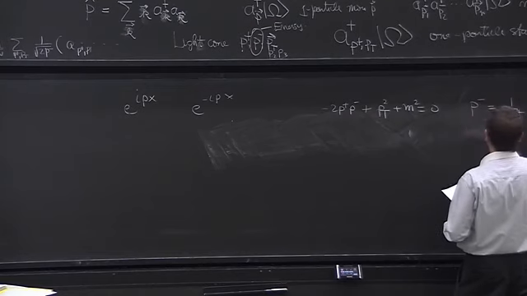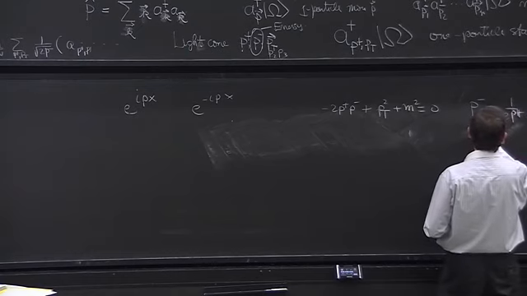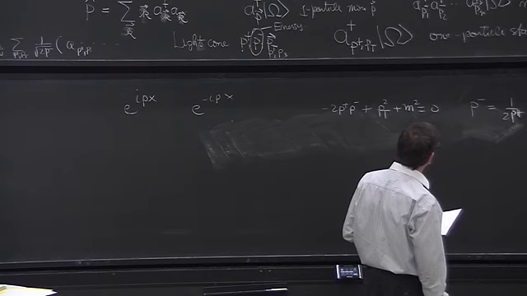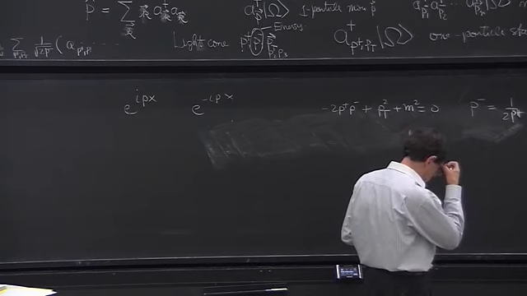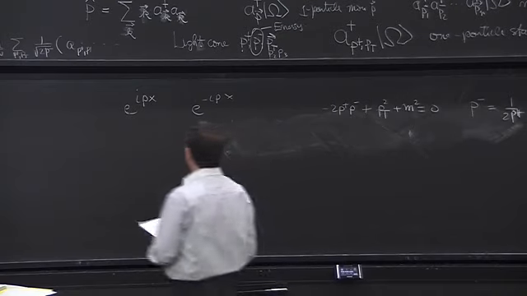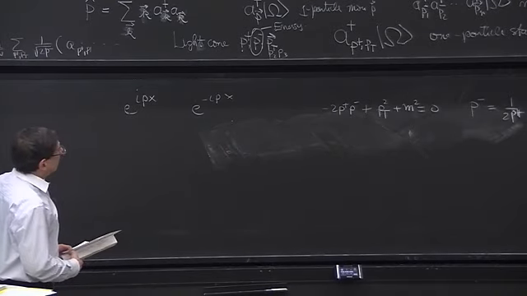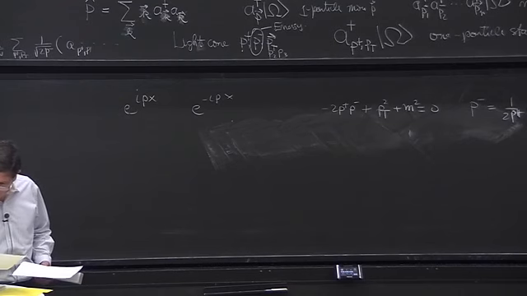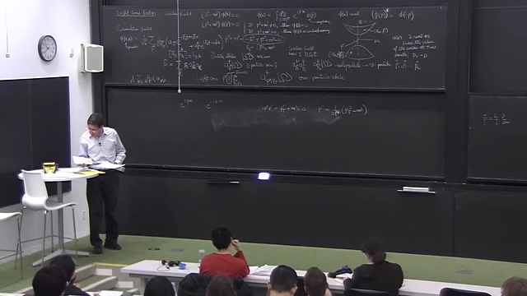times P transverse squared plus M squared. So this P minus in here can have either sign. That's a good question. There's two possibilities that I should verify.